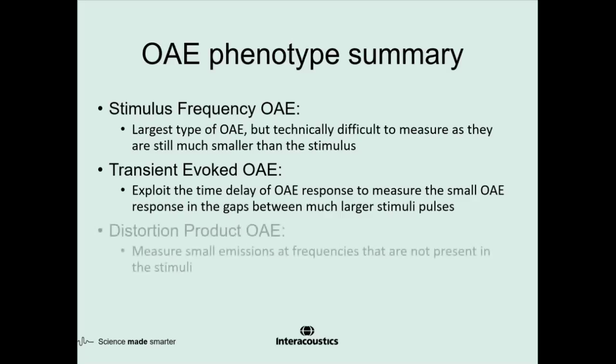And finally, we use another phenomenon related to amplification, which is that it tends to slightly distort the signal, and we can look for the presence of frequencies that were not in the stimuli as an indicator of that active amplification process.